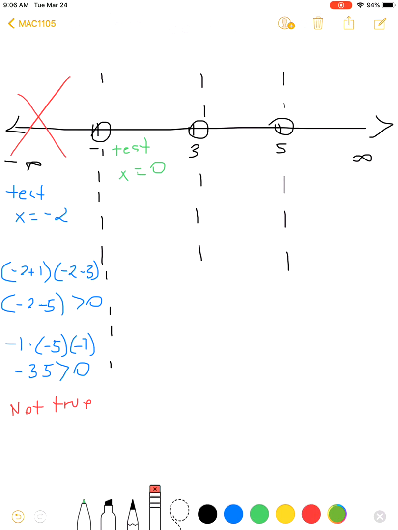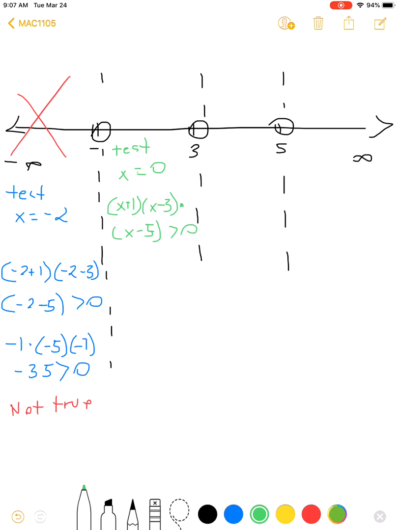Let me, on the tab, put the inequality, so everybody can see where that comes from. The original inequality was x plus 1 times x minus 3 times x minus 5. And that should be positive, greater than 0. That's what we're testing. Okay, so we're replacing x with 0.